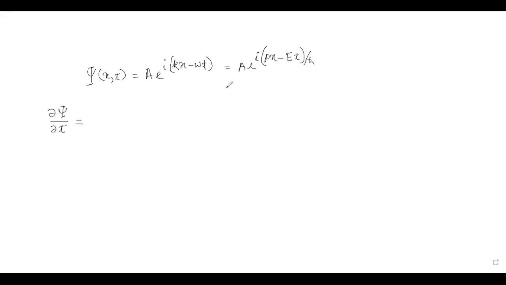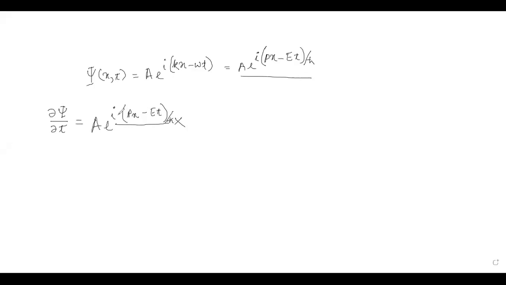we'll take the partial derivative of this with respect to t. So A e to the power i(px minus Et) by h bar, then multiplied by the derivative of the exponent. There should be an h bar here.